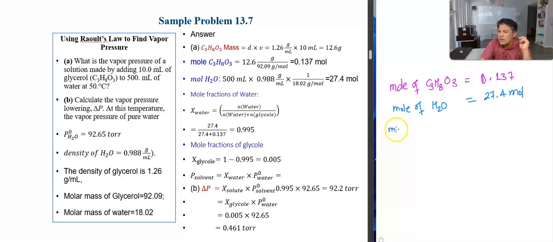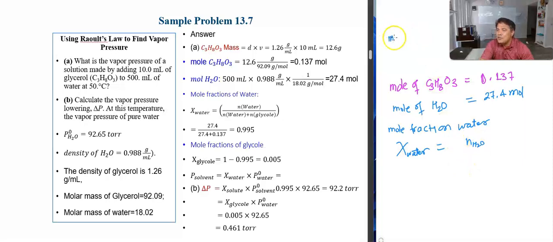Now you know that for Raoult's law you need the mole fraction. So the mole fraction of water, that is denoted by chi water, is equal to mole of water. Let's denote mole by small n.